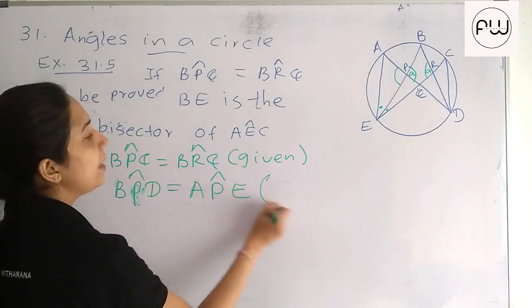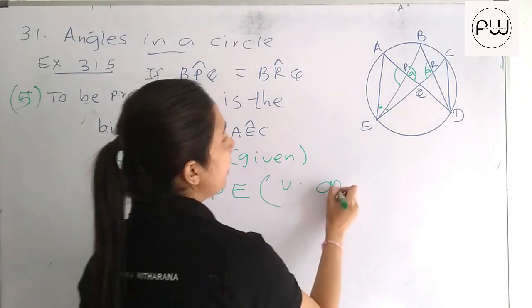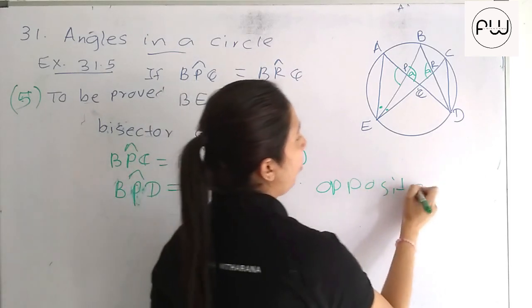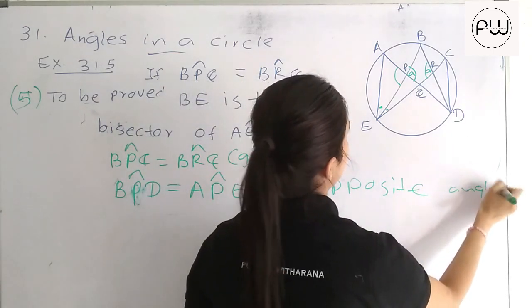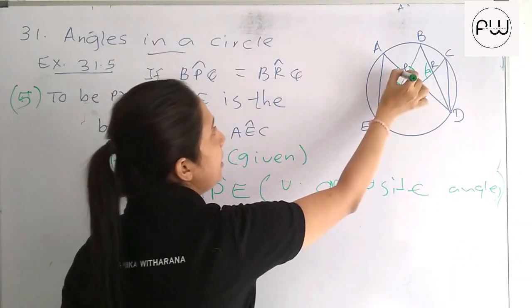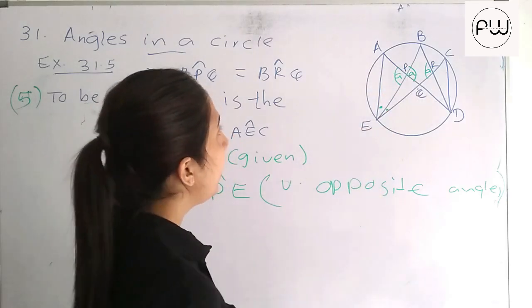What is the reason? Vertically opposite angles. Right. Then this one should also be A.